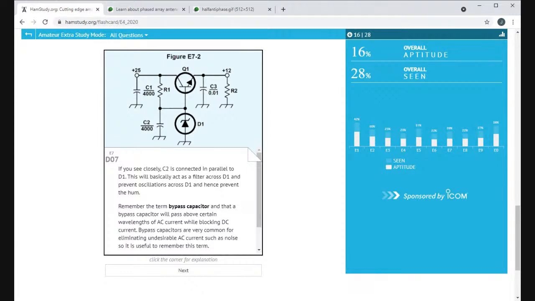If you look closely, C2 is connected in parallel to D1. This will basically act as a filter across D1 and prevent oscillations across D1, and hence prevent the hum.